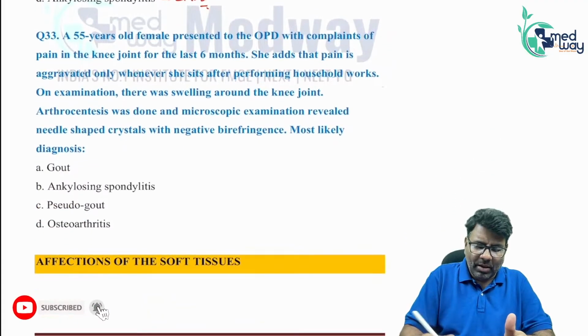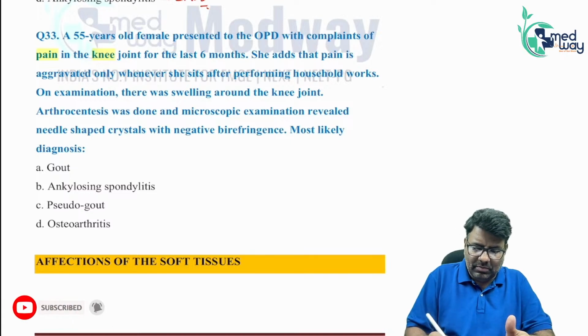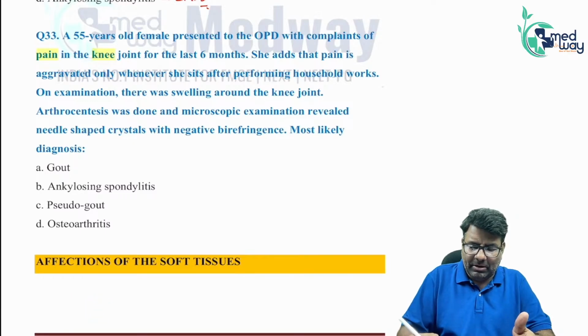And moving forward, a female presented with pain in the knee joint, and it's been about 6 months, and then she says that it's aggravated whenever she sits after doing any household work.